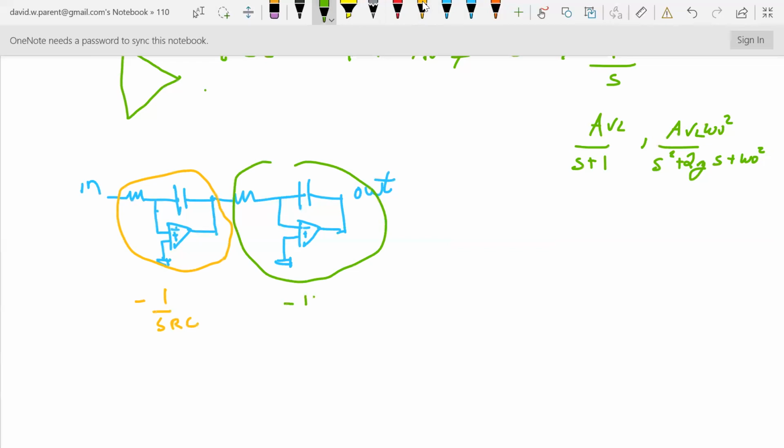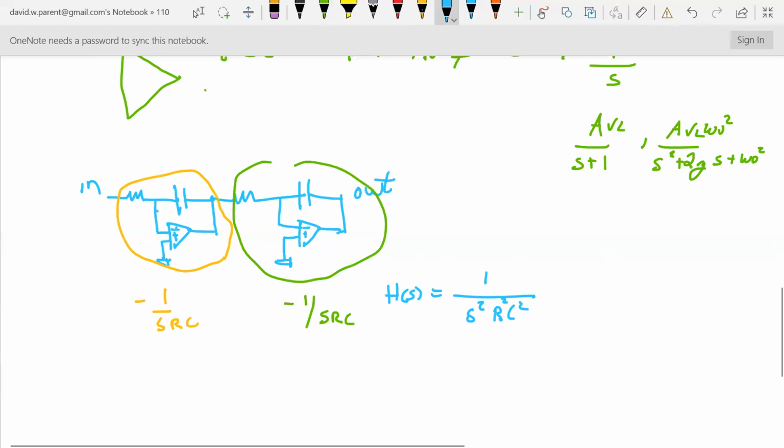That's minus 1 over S RC. And so H(S) would be 1 over S squared R squared C squared, right? That you would just do it that fast, right? And I don't want to make a big deal out of it, but these are two chained integrators.